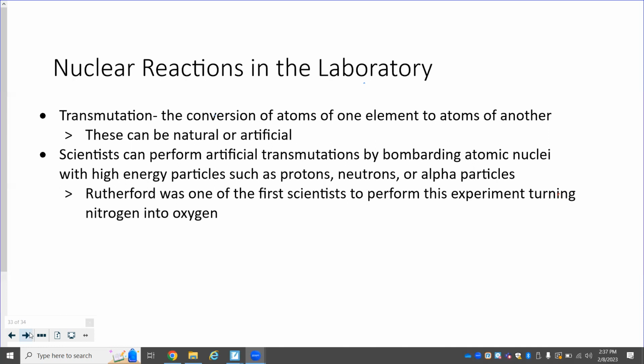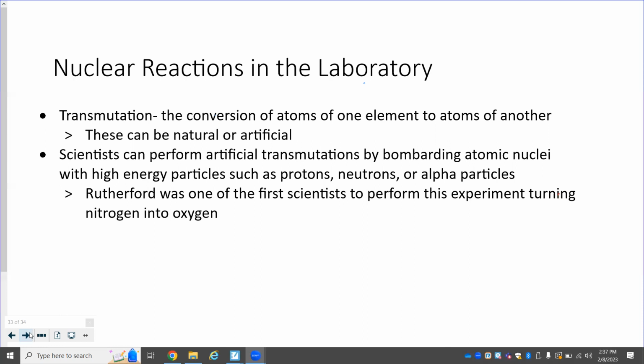So scientists can perform artificial transmutations by bombarding atomic nuclei with high energy particles, such as protons, neutrons, and alpha particles. So they will actually shoot a laser of particles at a sample and make it go through a nuclear reaction.